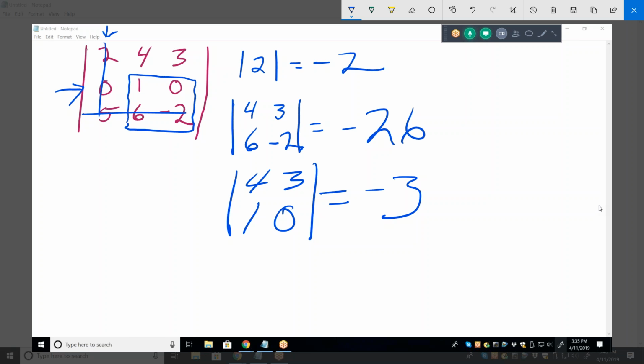Okay. What are you going to do with those three numbers? Do you add them together? Okay.